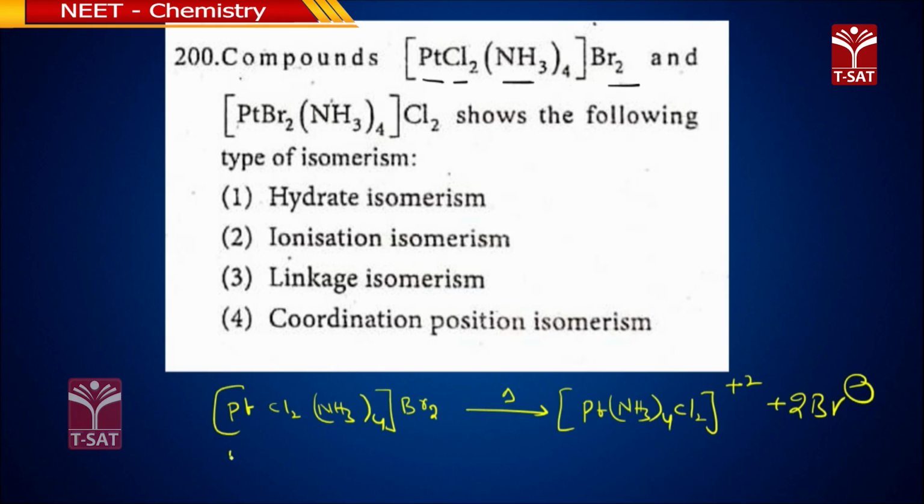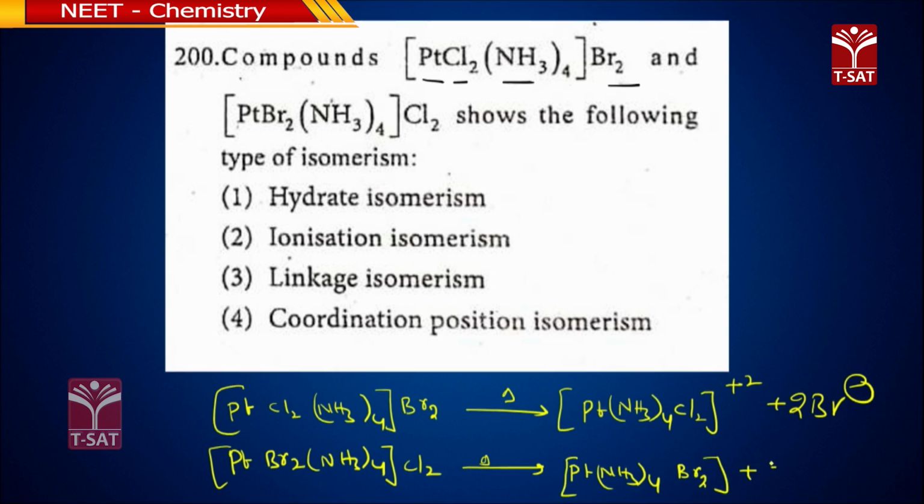And the other compound has Pt with Br2 inside, NH3 taken 4 as it is, and this time Cl2 outside. If you ionize it, you will get [Pt(NH3)4Br2] with +2 charge, and 2Cl minus outside.